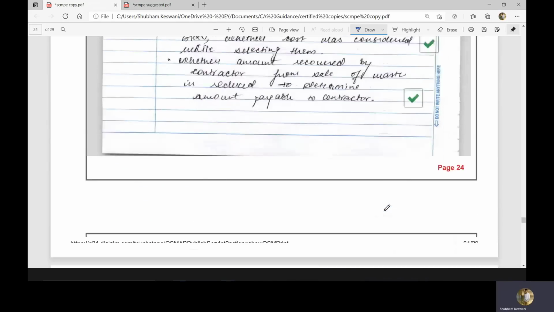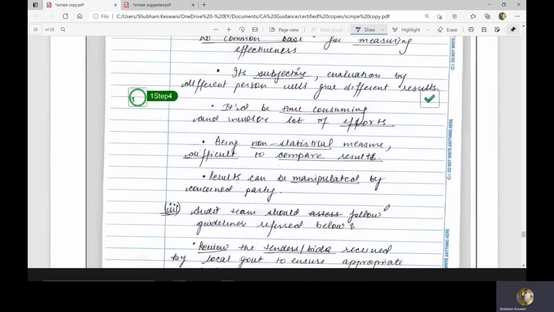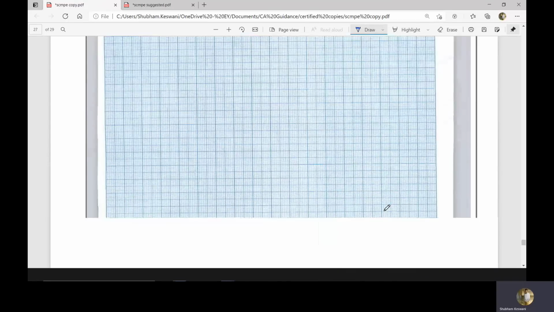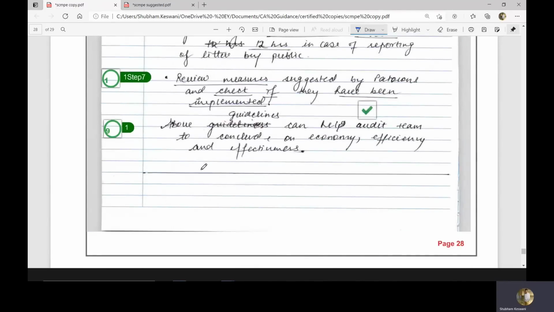It appears to be a logically framed, well analyzed answer, and ultimately I think that created an impact on the examiner because I actually interpreted what was given in the case study, analyzed and wrote the answer, and it helped me fare 9 marks out of 20. So I can call it a bonus 9 marks because it was something which I was not prepared for, but it came in my exams.